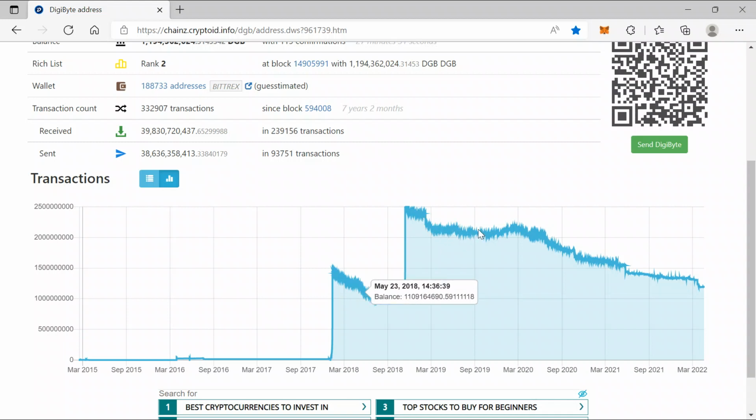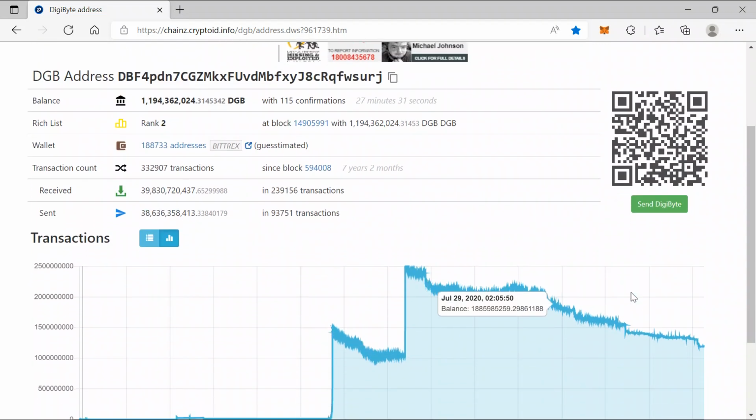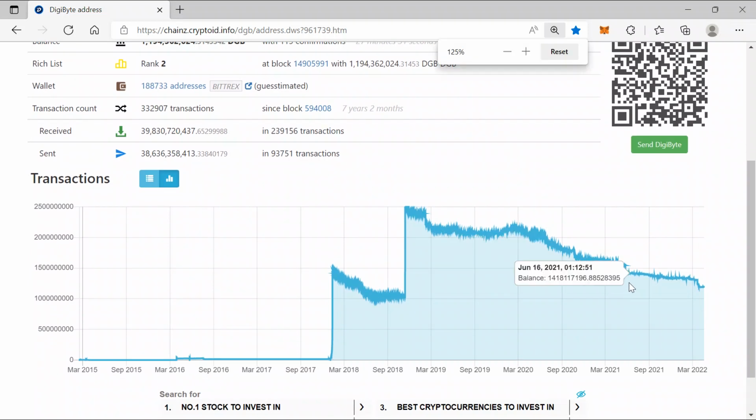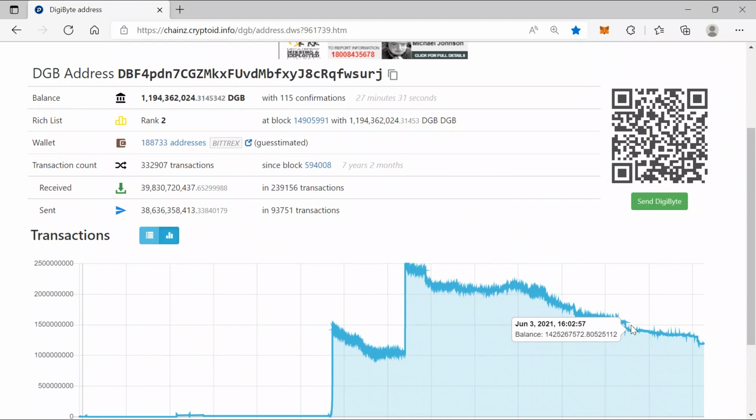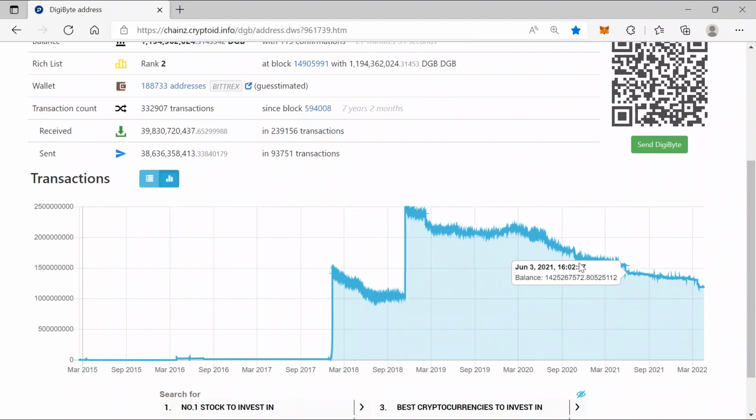You're looking at a graphical display of the volatility of coins moving on and off the exchange. Now, May of last year, let's see if I can pull this up real quick. Nope. Okay. Well, May of last year, that was our all-time high, and you can see there's a change in what that looks like. So we're just going to leave that there.